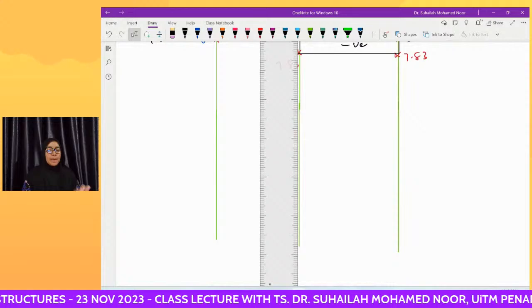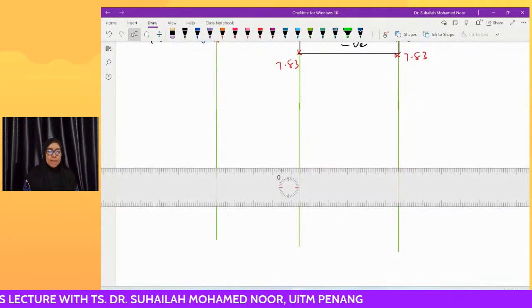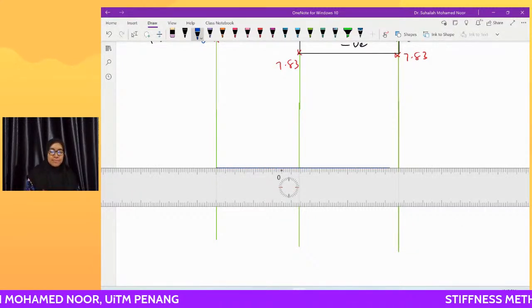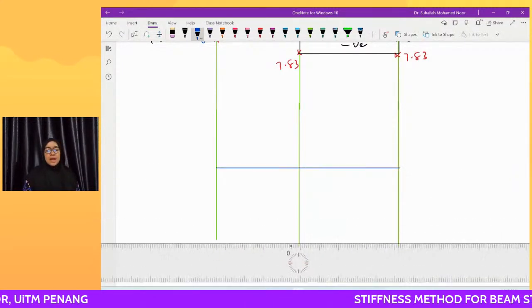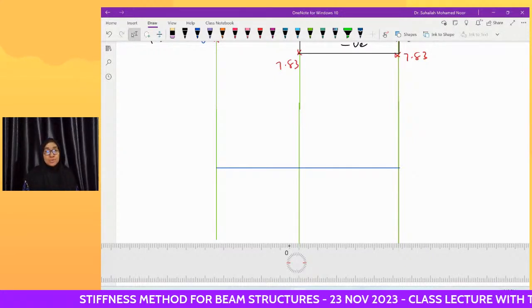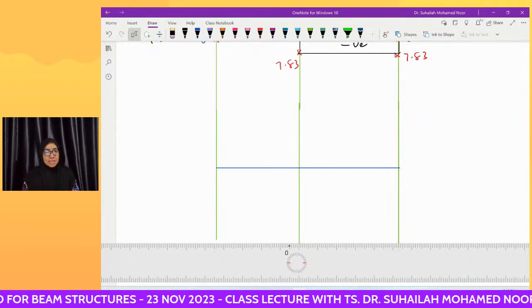Bending moment diagram. So we will concentrate on the moment value in the diagram. Same as the shear force diagram, the bending moment diagram also starts at 0 and ends at 0.